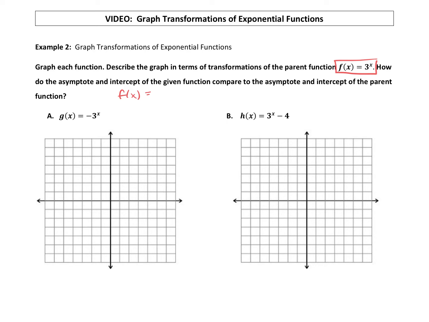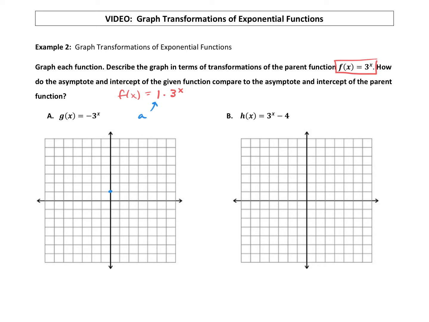So 3 to the x power, 3 is the base of your exponent of x, so that is your b. So our a value must be a 1. 1 times 3 raised to the x power. That's the parent function. If you remember in the last video, we said that our a value was also the y-intercept. So the parent function has a y-intercept at 1.